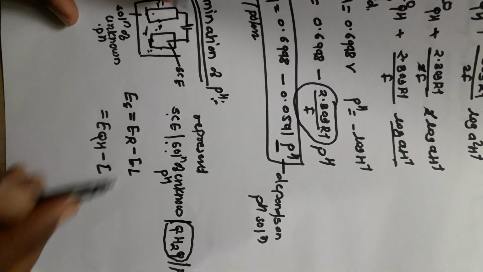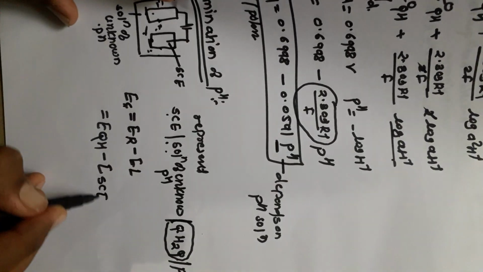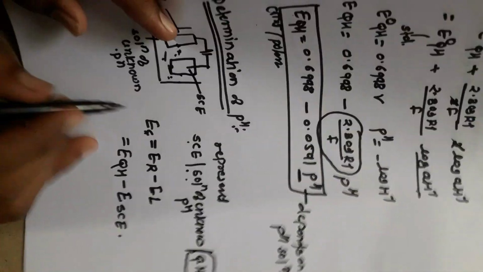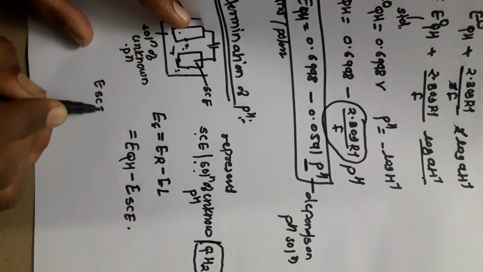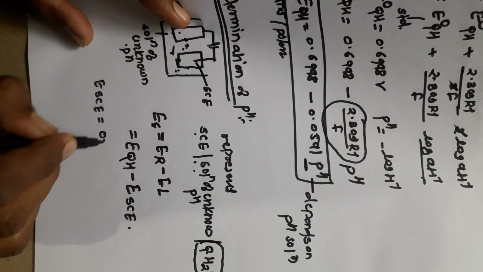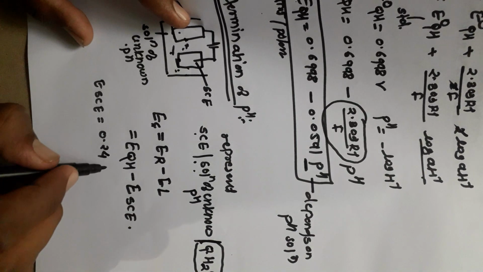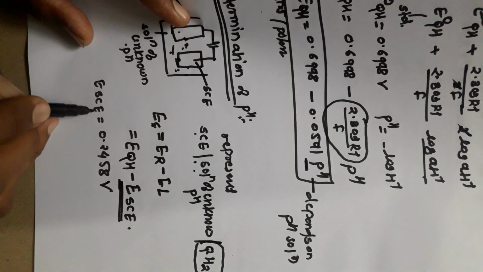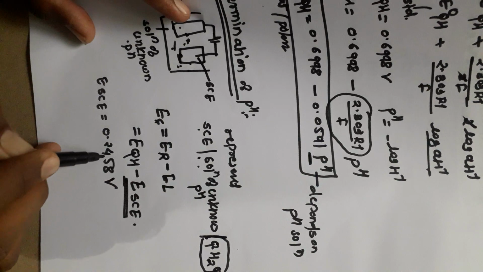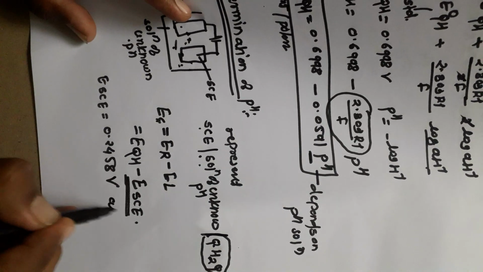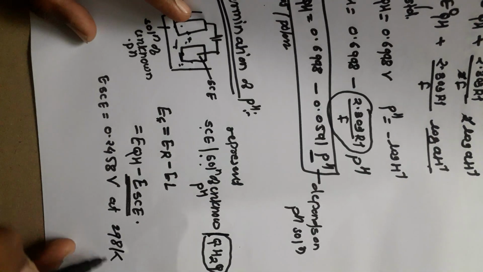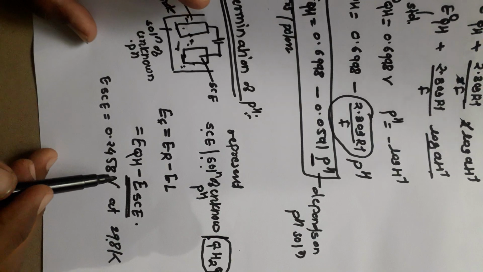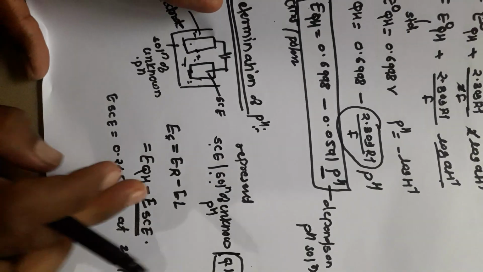E left is the saturated calomel electrode. You already know that E saturated calomel electrode is equal to 0.2458 volt. This is the standard value at 298 Kelvin. Then put this value in the above equation.